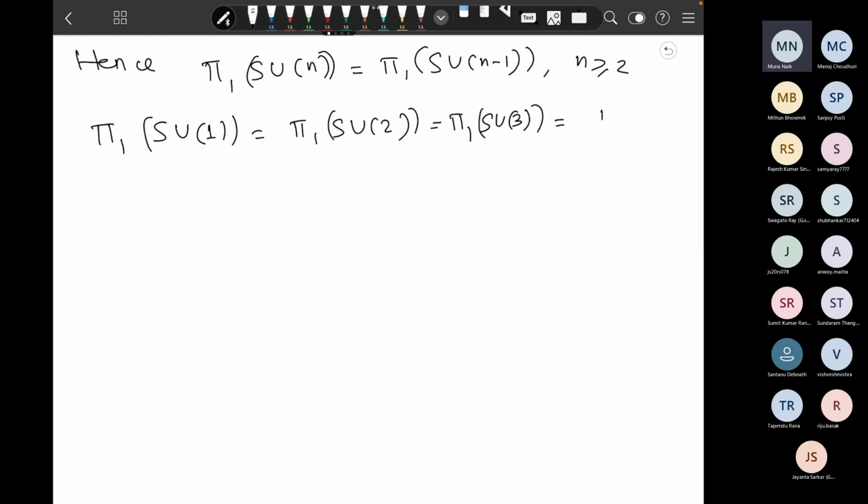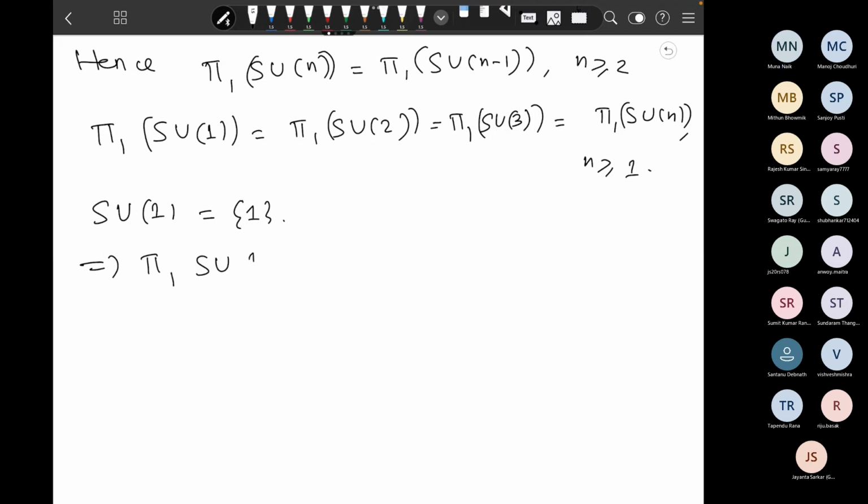This is really pi_1 of SU(n), for n greater than or equal to 1. Now SU(1) is really the identity, the singleton {1}. So this implies pi_1 of SU(1) is equal to 0. So that is D.